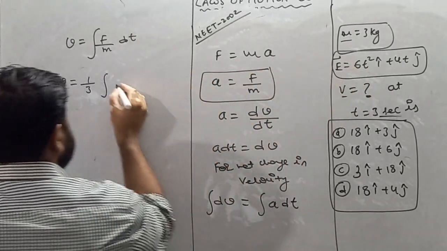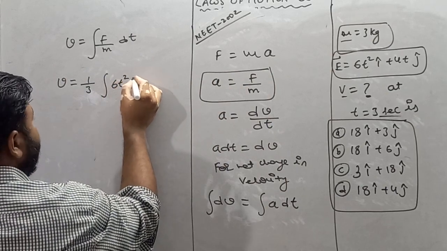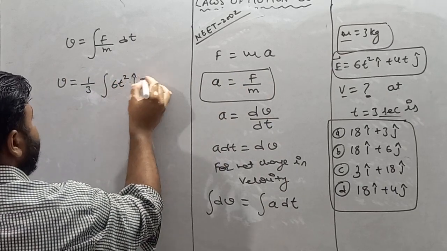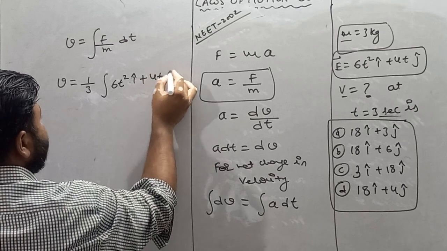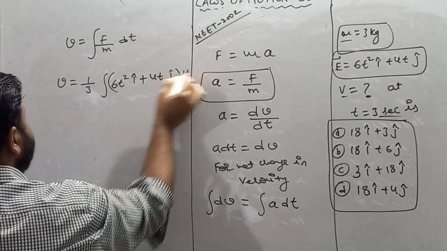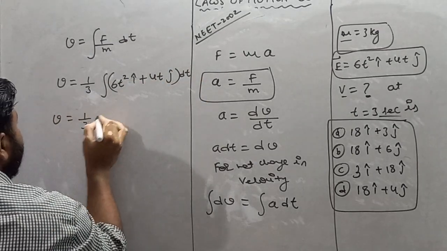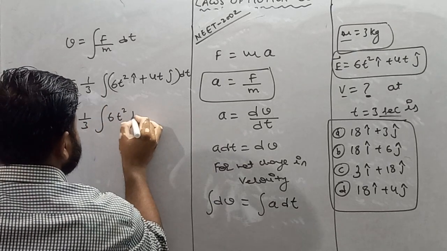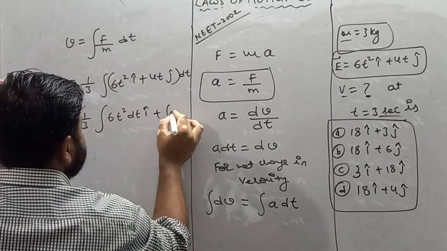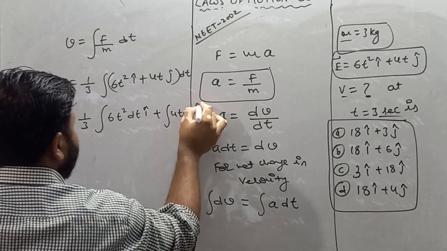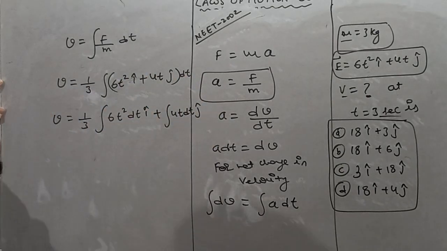The value of force is 6t square i cap plus 4 j cap into dt. So v equals 1 by 3 integration of 6t square dt i cap plus integration of 4 dt j cap. We have to multiply dt with both the terms.